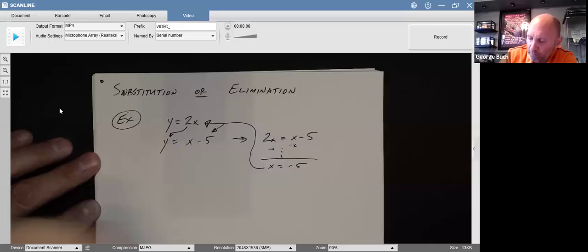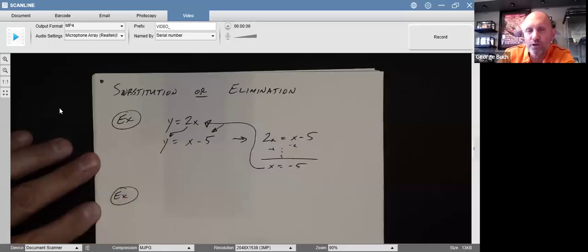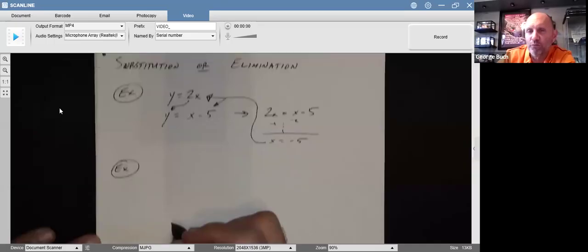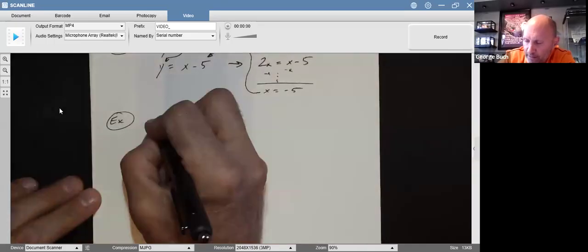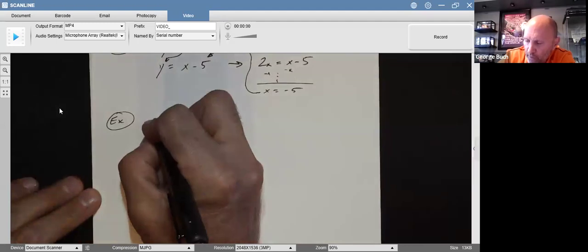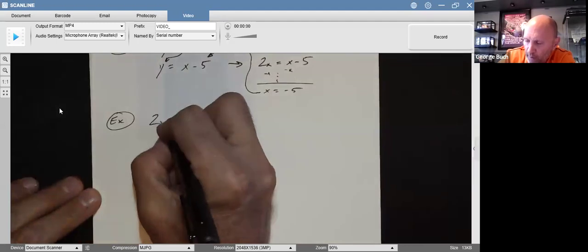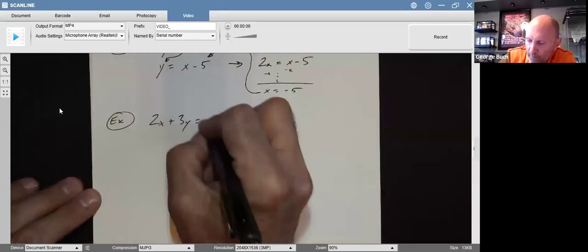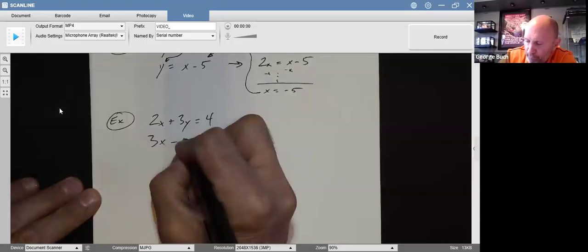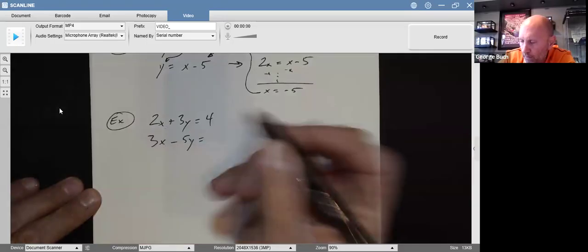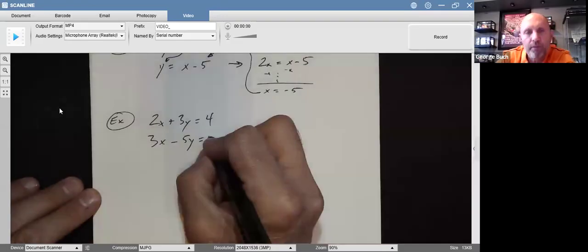Now, sometimes substitution might not work because it'll give us really messy values. And so maybe we have something like 2x plus 3y is 4, and 3x minus, let's say 5y equals, I don't know, let's say 10.